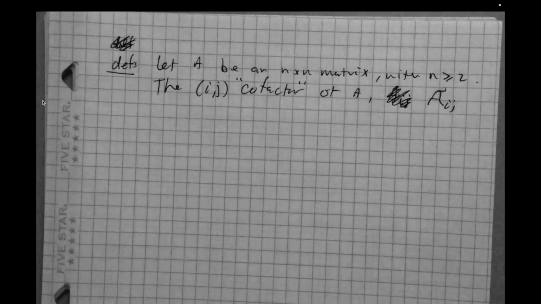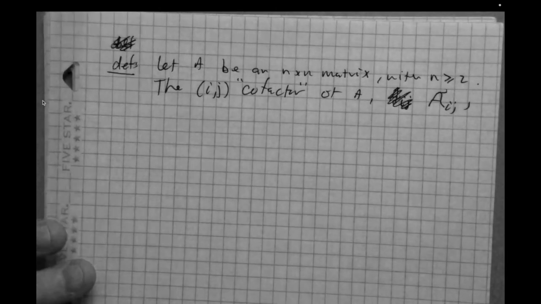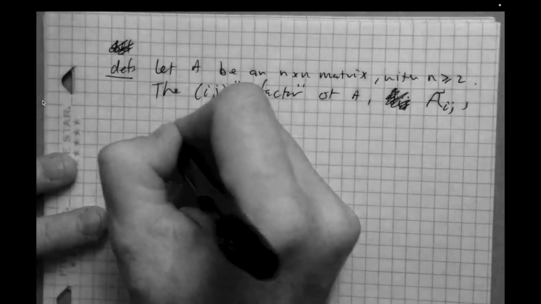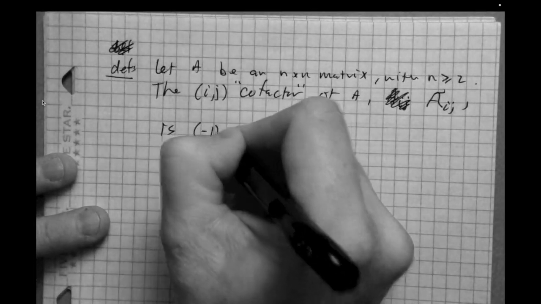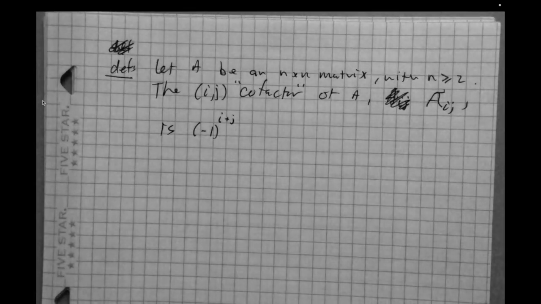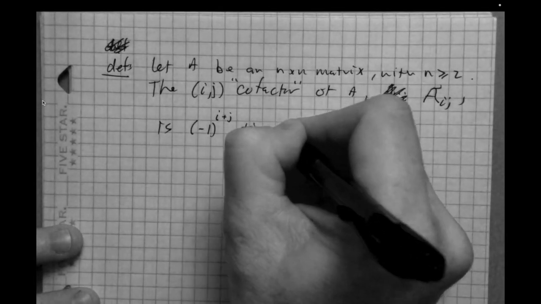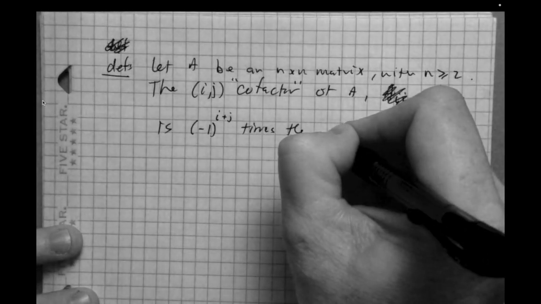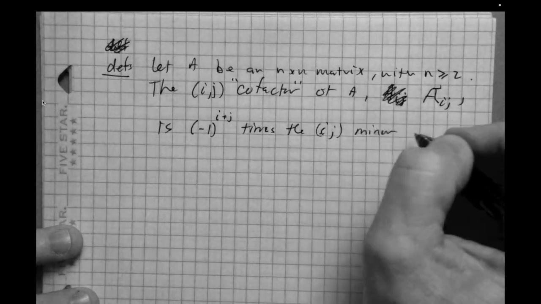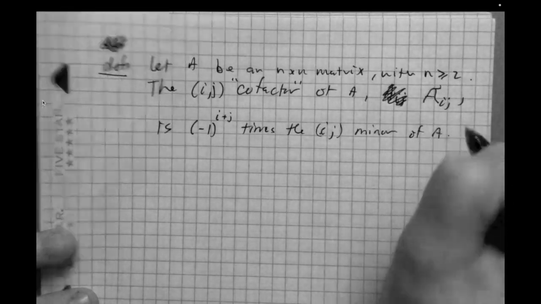So the ij cofactor of A, denoted with this cursive script, is going to be -1 raised to the i plus j power times the ij minor of A. Okay, so what does all this mean?